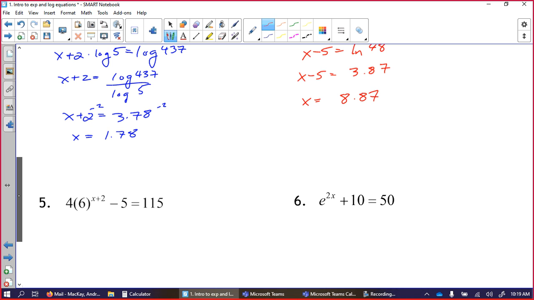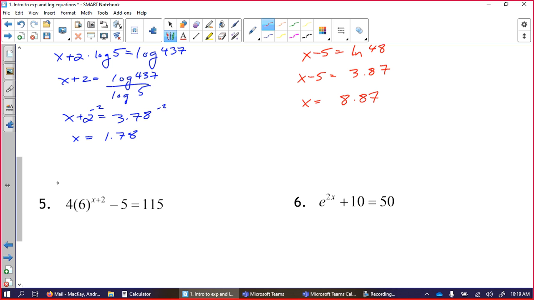Which one do I want to do first? Because we did that, we'll do 6 and then go back to 5 because it has a couple extra steps. E to the 2x plus 10 equals 50, minus 10. Isolate your exponential. We'll take the natural log. Those are going to cancel.